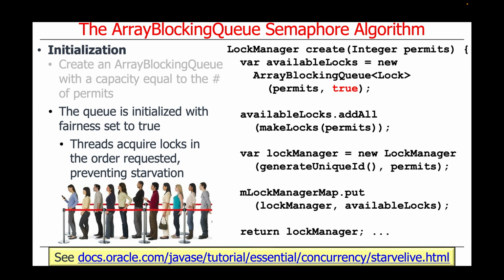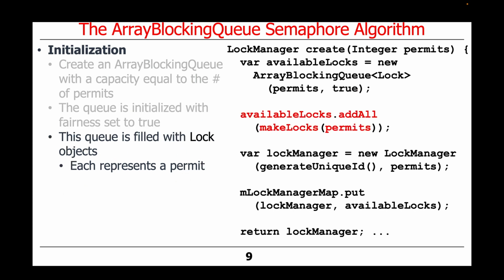And all that means is that threads that are waiting to acquire a permit will acquire them in the order requested, in essentially first in, first out order, thereby preventing starvation. We make sure everybody gets a chance to go. It's fair. And we also fill the queue with lock objects, where each lock object represents a permit.